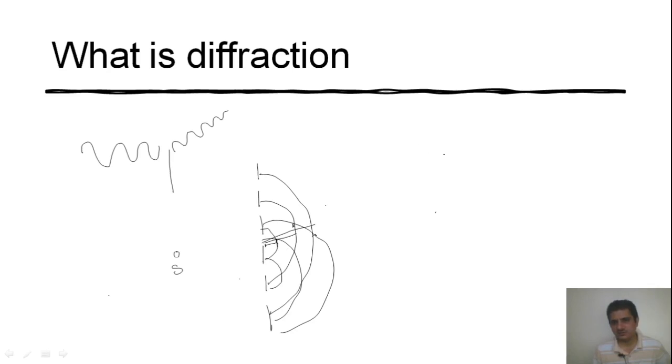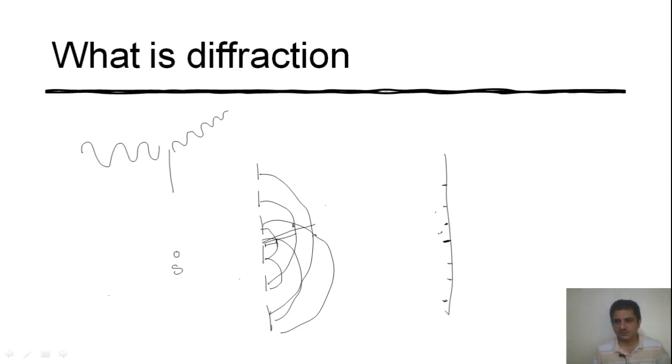So what we see on the screen is a central bright spot, and then we get the first order, second order, third order, and so on, on both sides of the central spot.